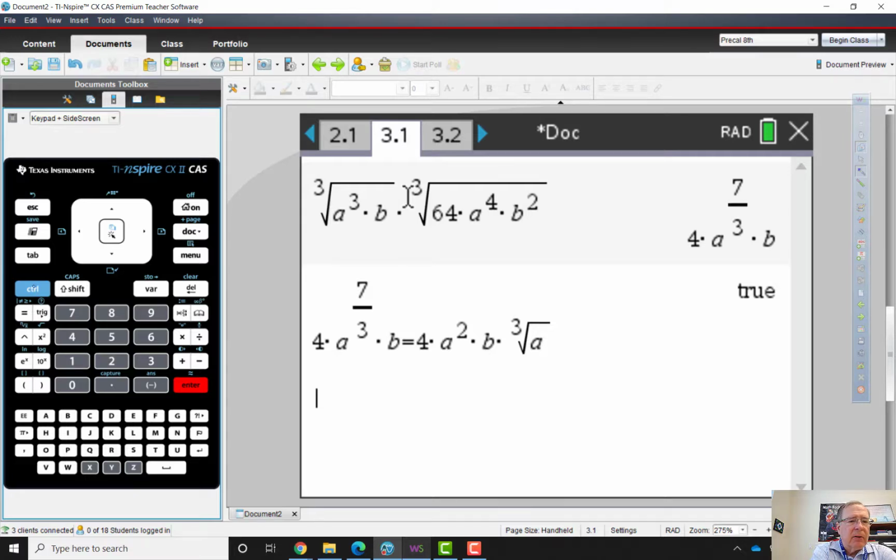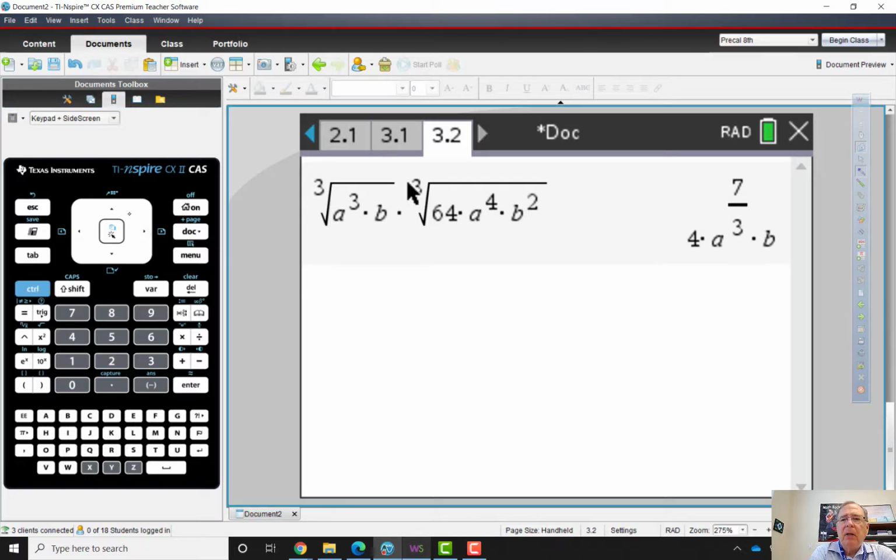And doing this, I found the following. So there's the simplification again in the calculator.